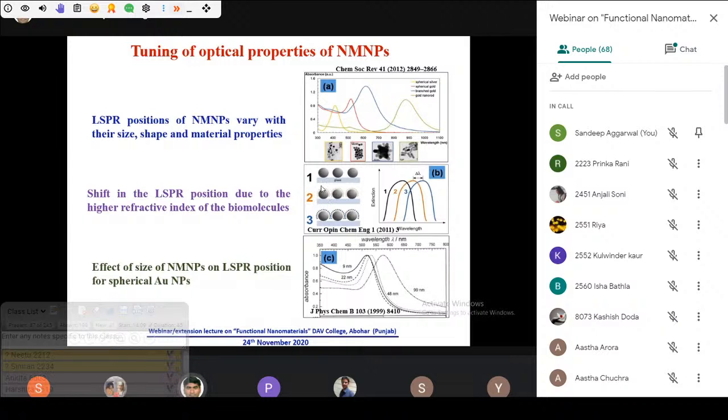The dielectric of the medium will change, and because of that, the absorption will change. So this is a kind of sensing application. If there is any molecule on the surface, that will change the absorption property.